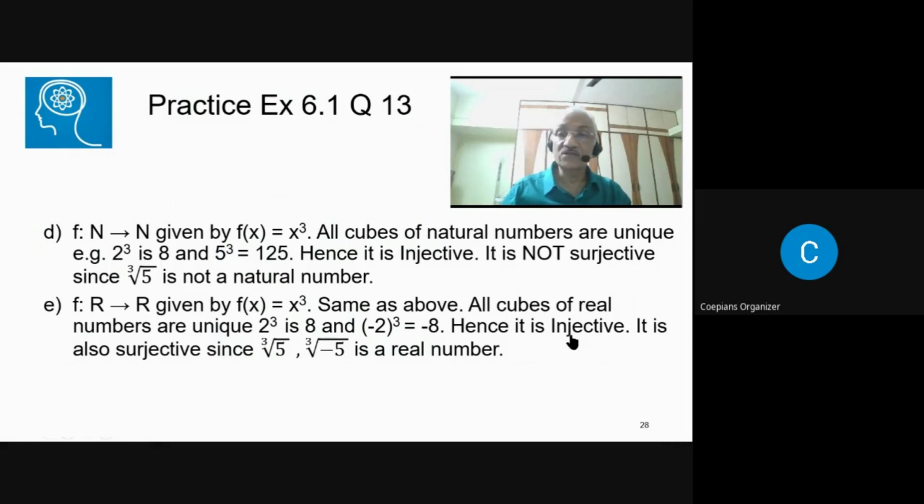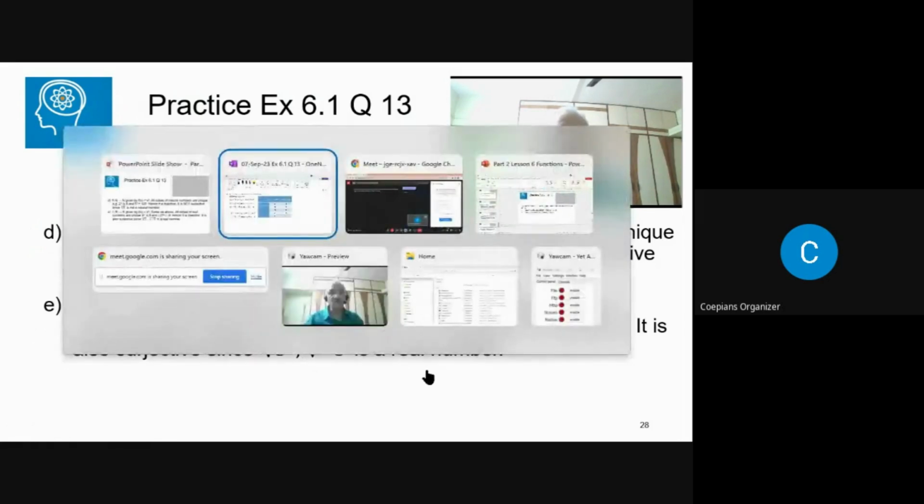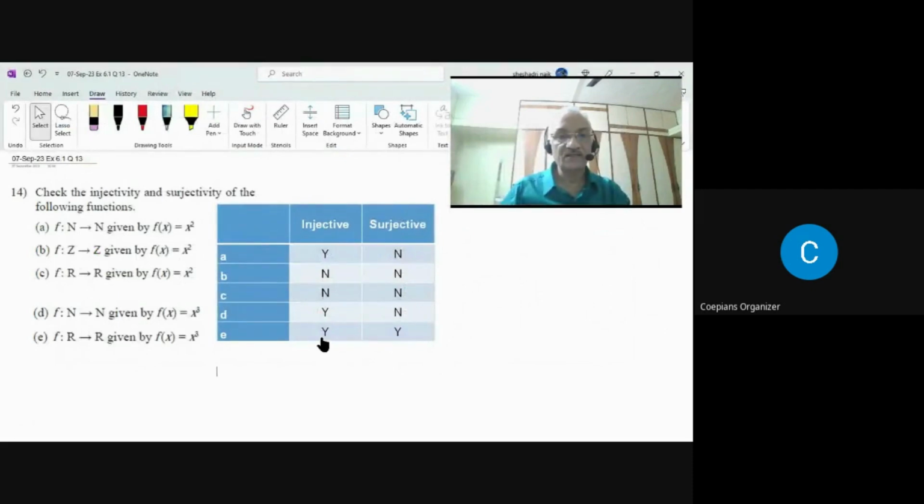It is also surjective, because even if you take a negative number, its cube root will be a real number. It is not imaginary. Hence, this particular function is injective as well as surjective.